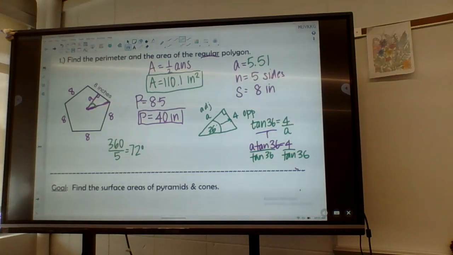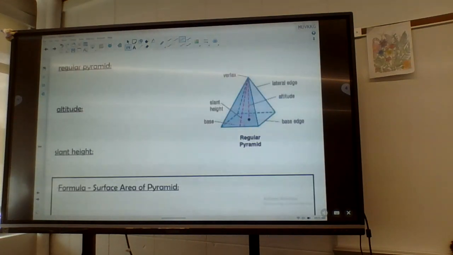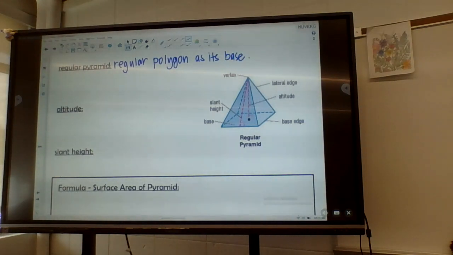So, we're talking about pyramids and cones today. Our regular pyramid has a regular polygon at the base. Now remember, a regular polygon has all equal sides and angles.